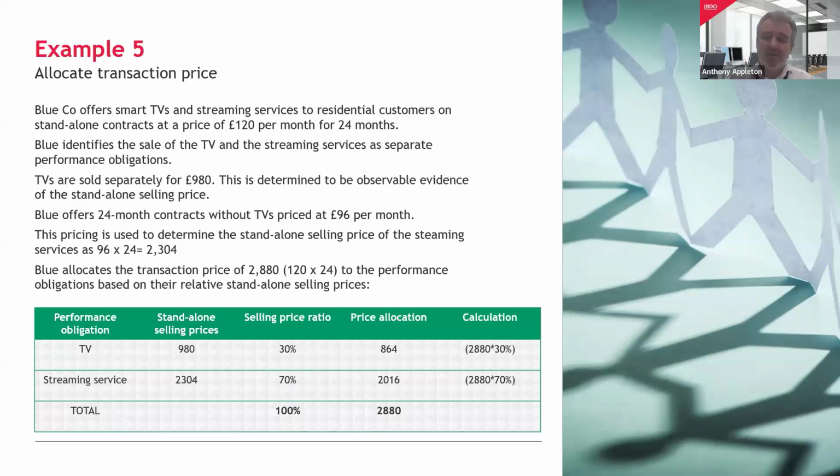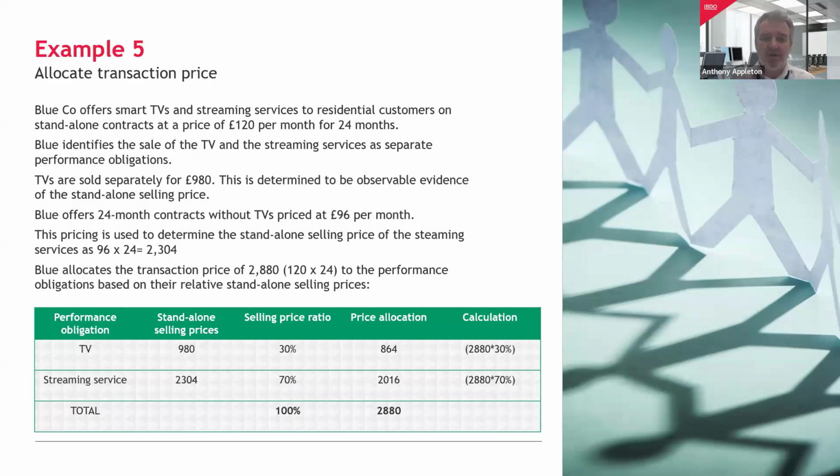So they've determined that these are separate performance obligations, and we can see that because they sell each of those separately. Well, let's use then those standalone selling prices, which we have from our other customer relationships, to apportion the total amount. So TVs are sold separately for £980. So that is observable evidence of the standalone selling price.